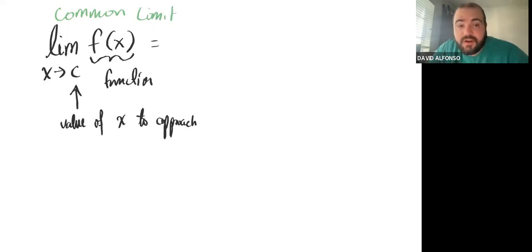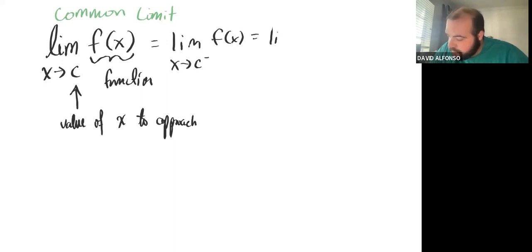And the common limit only exists if you approach the same value from left and right. So of course, you approach the limit from the left, and you approach the limit from the right side. The common limit only exists if the left and right approach the same value.